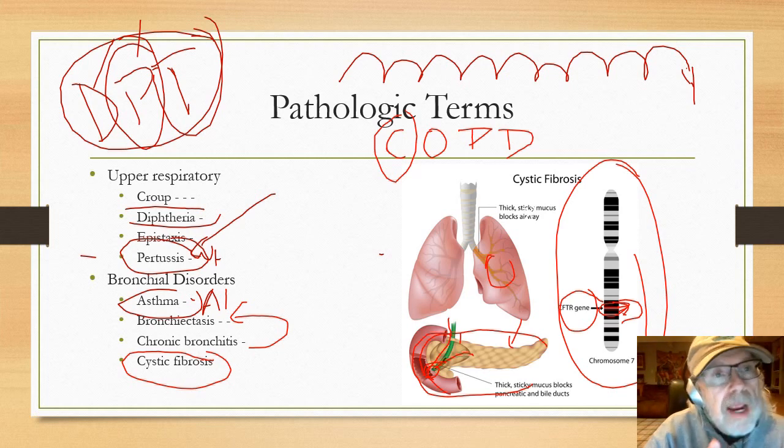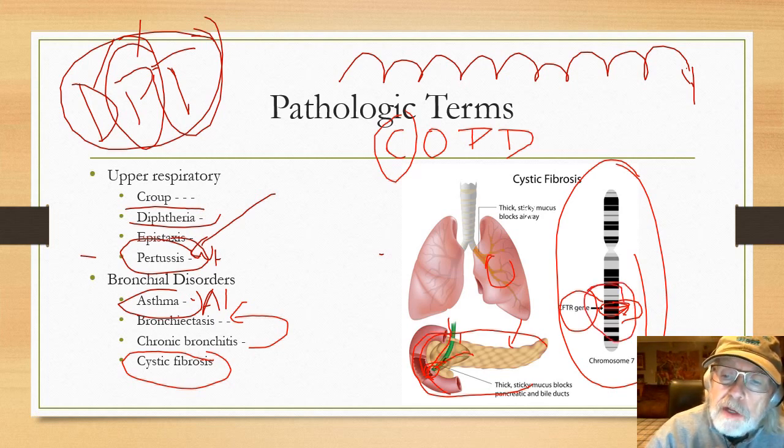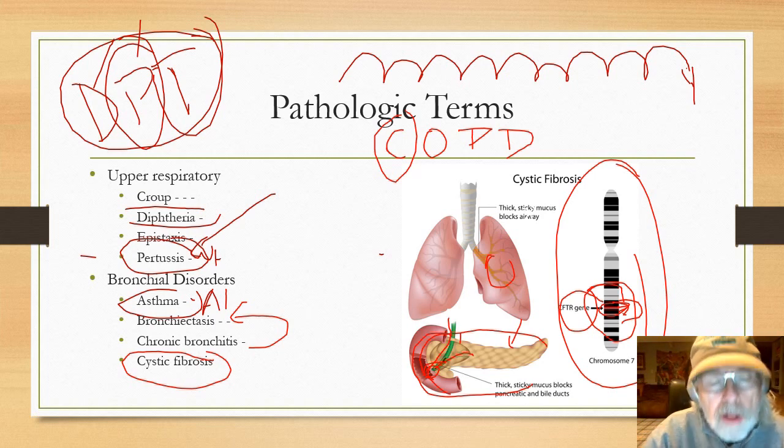In the past, the life expectancy for somebody with cystic fibrosis was probably early 20s. It occurred much more commonly in blonde-haired, blue-eyed people, probably because the gene for blonde hair and blue eyes is somewhere very close to the gene whose abnormality causes cystic fibrosis.